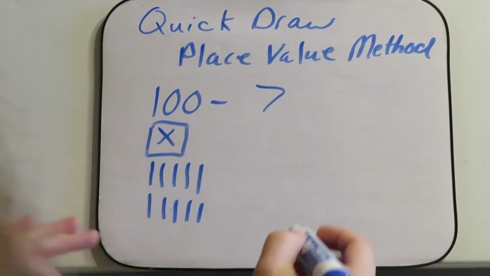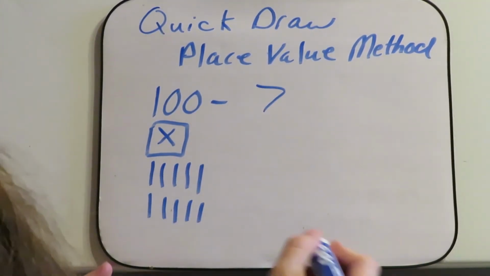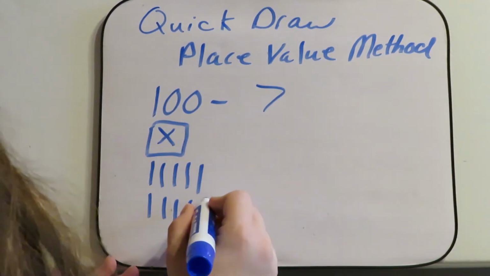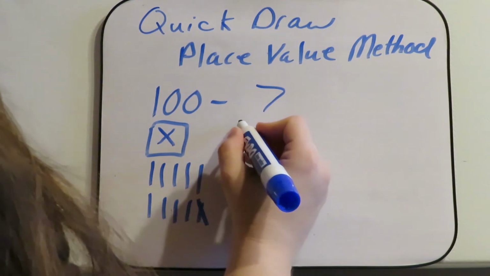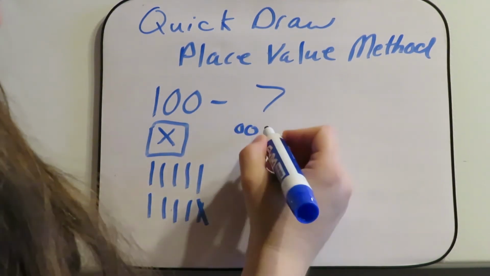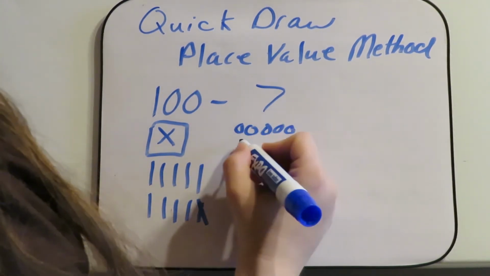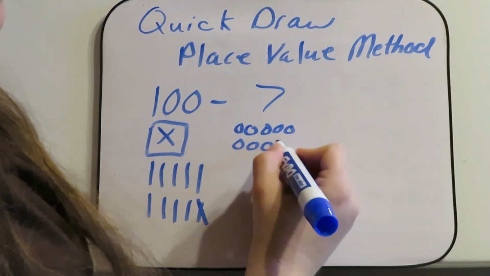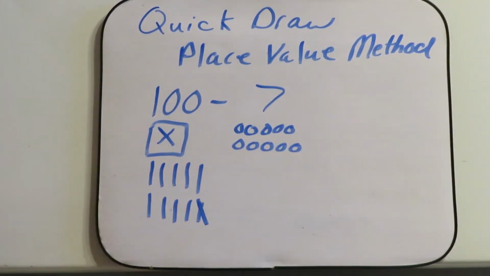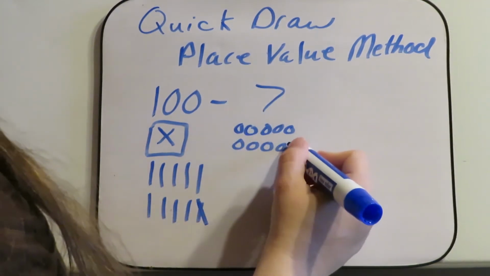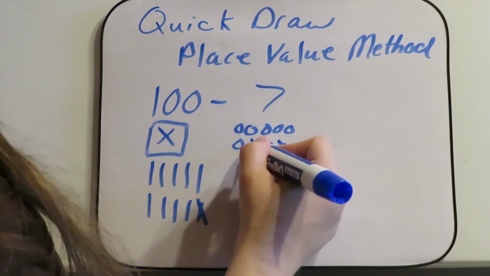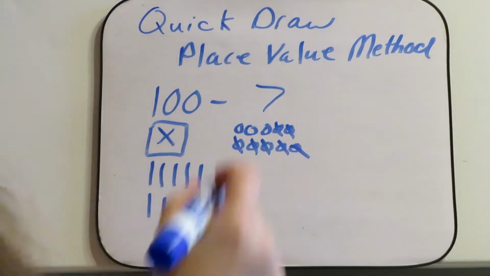But to do this problem, we need ones. So we're going to take one of these 10s and make it into 10 ones. We'll use circles for this so it's not so confusing. Okay, so we're going to take away 7. 1, 2, 3, 4, 5, 6, 7.